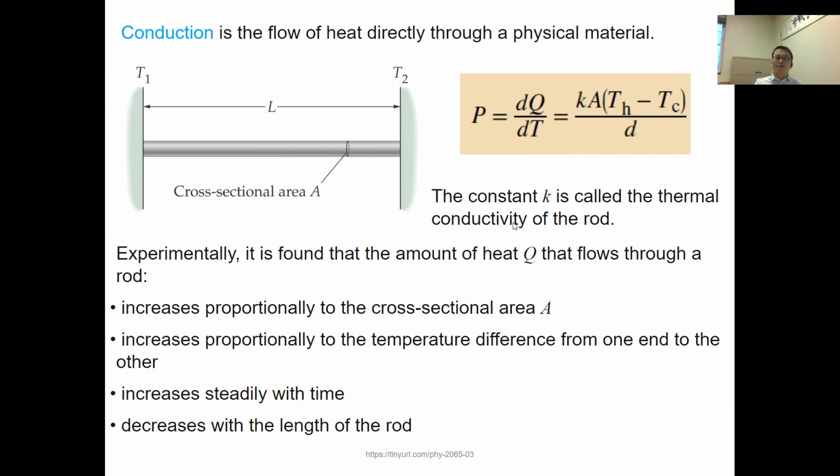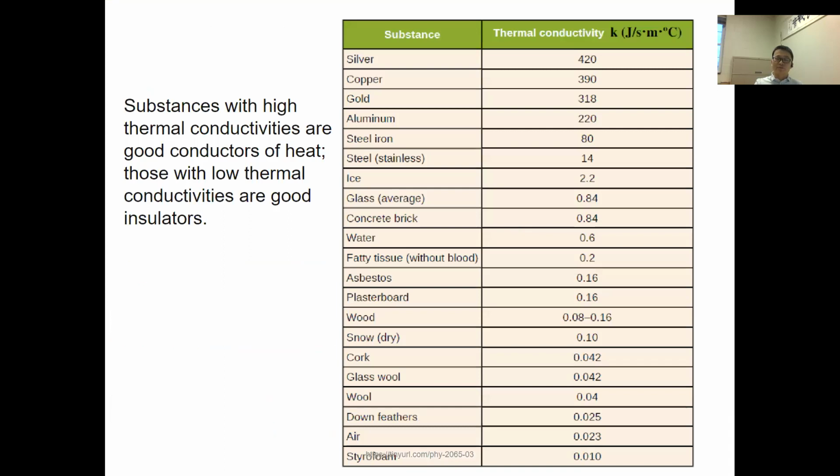K depends on the material. Silver, copper, gold, those are metals. They usually have higher conductivity, higher K, so they can conduct heat much faster. Metals are generally good conductors.